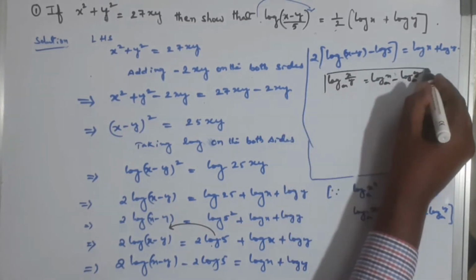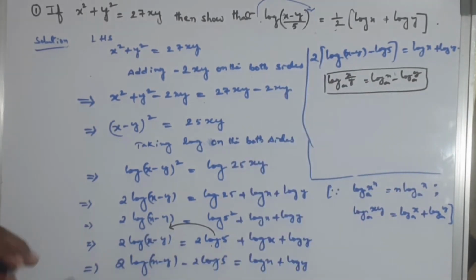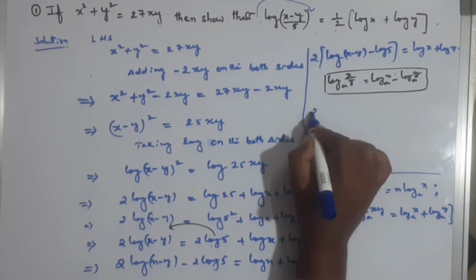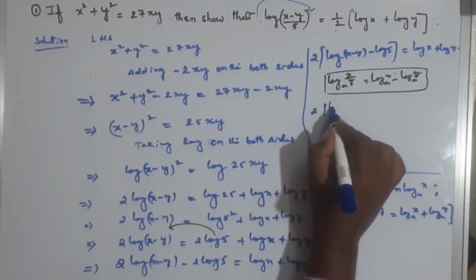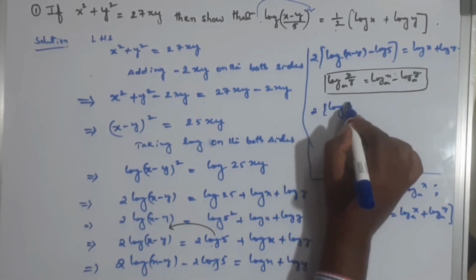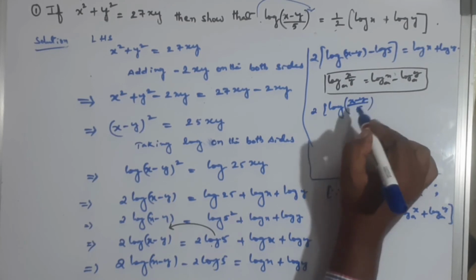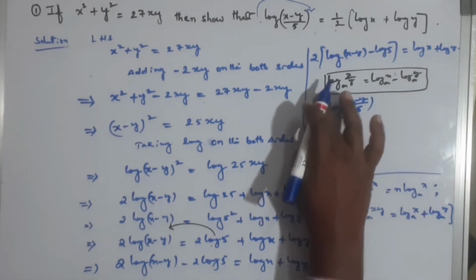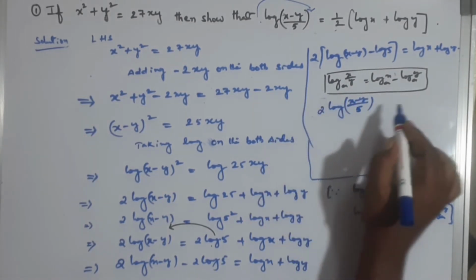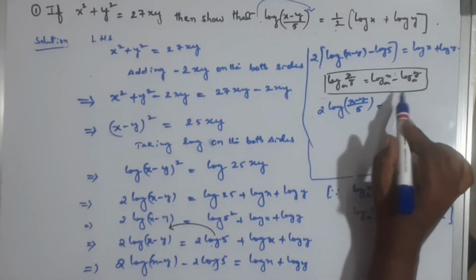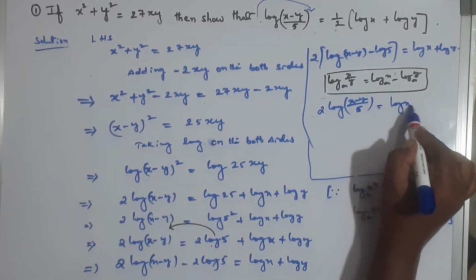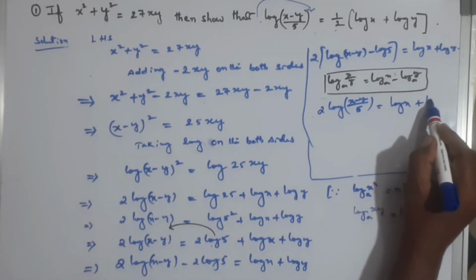Using this formula, I will modify this: 2 of log of (x minus y) by 5, which equals log x plus log y.